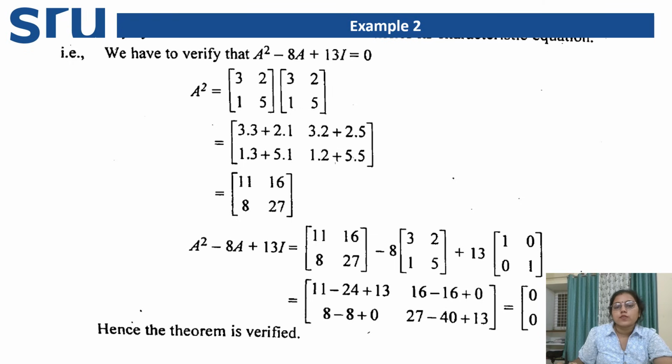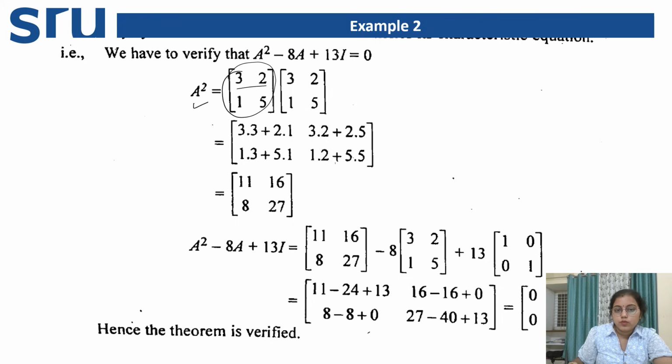So first you have to find A square. How to find A square? The matrix A is already given. This is your matrix A, and this is your matrix A. So simply multiply this matrix by itself, and you get A square. How to multiply two matrices?